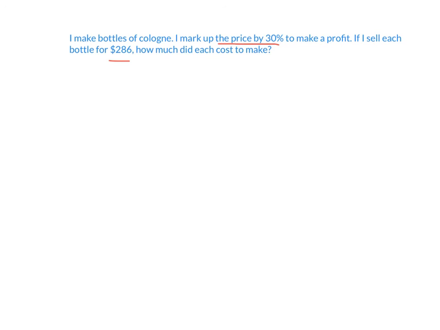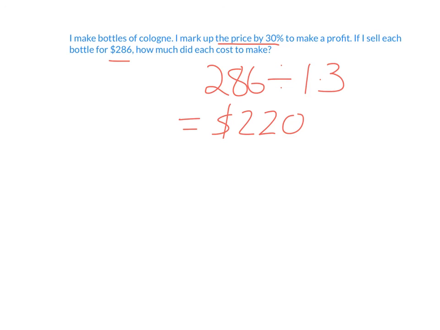So to do the opposite, all I'm going to do is divide 286 by 130%. And if you put that on your calculator, you get $220. Because if you increase 220 by 30%, you get 286. How easy is that? So when you don't know the original number, you always divide. When you do know the original number and you want to find a percent of a quantity, you multiply.